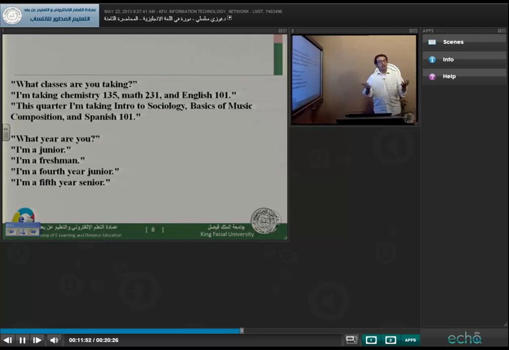So these are the classes that you are taking. This quarter I'm taking Intro to Sociology, Basics of Music Composition, and Spanish 101, right? Three classes.